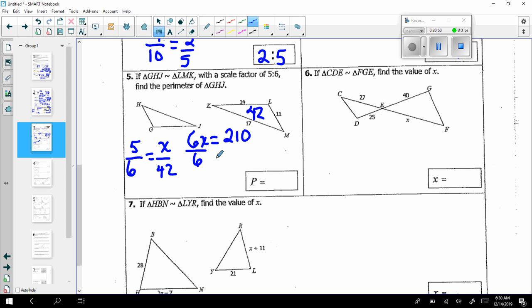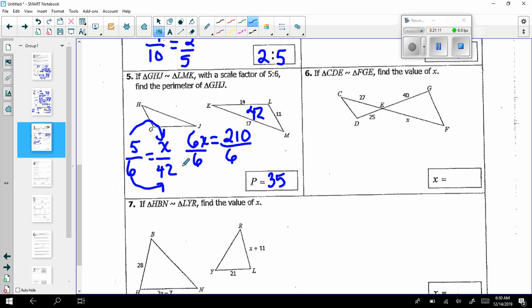And then I divide by 6 on both sides, and that's 35. How did I know that? I knew that because 6 times 7 is 42, so 5 times 7 is 35. Okay?